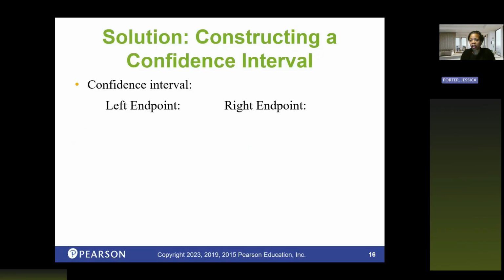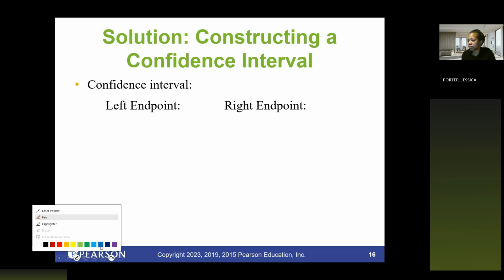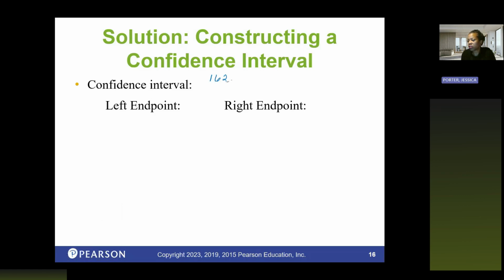Okay, so now we'll define our left endpoint and our right endpoint. Remember that the mean was 162, and the margin of error, excuse me, was 5.3.